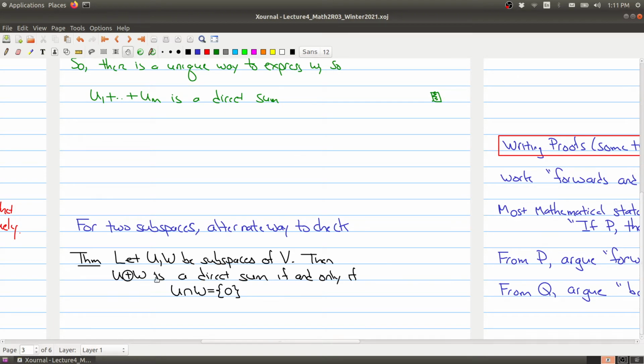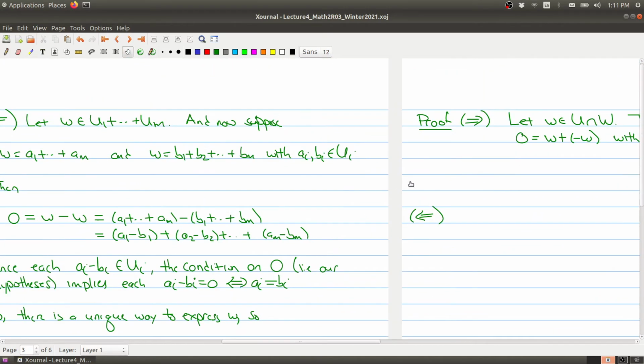The theorem says that if U and W are subspaces of V, then U plus W is a direct sum if and only if the intersection of those two spaces is 0. Let me quickly run through the proof for that, because it's not that hard to do.